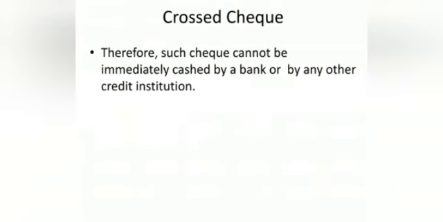Therefore, such a check cannot be immediately cashed by a bank or by any other credit institution. That means a crossed check is a direction to the paying banker that the check should be paid only to a banker, and to the banker named in the crossing. This check may be of two types: general crossed check and special crossed check.